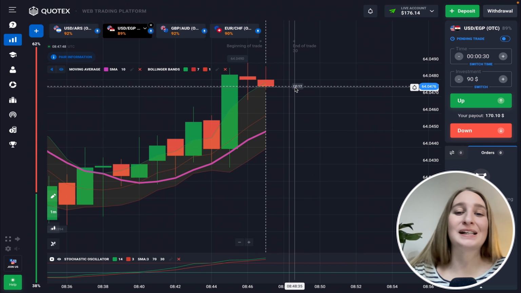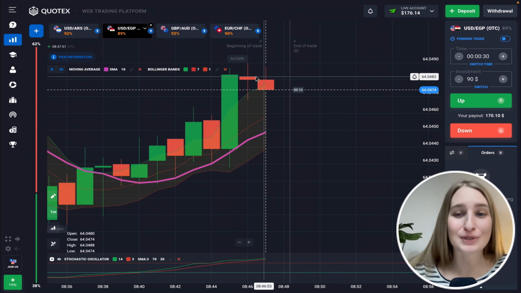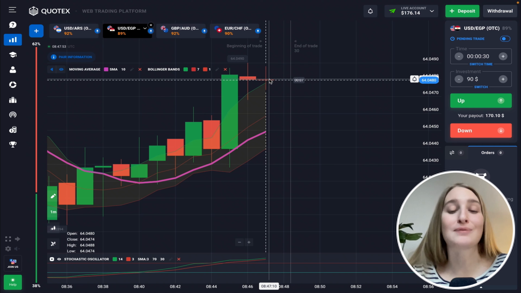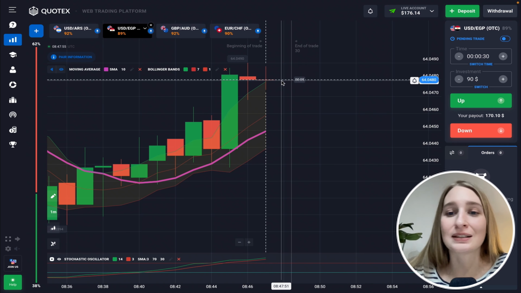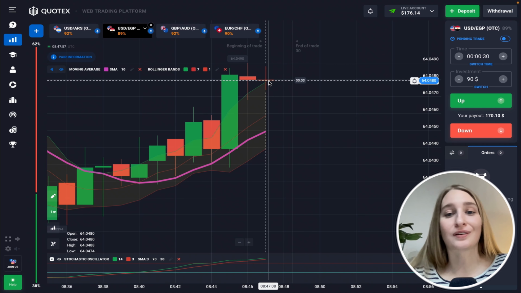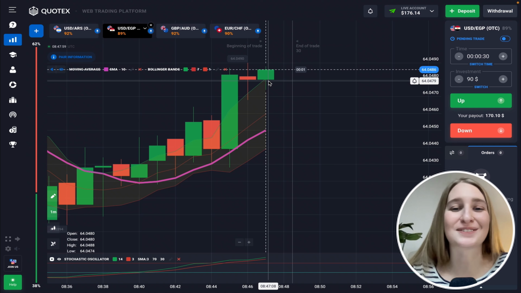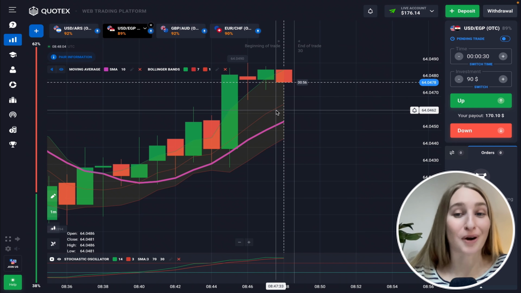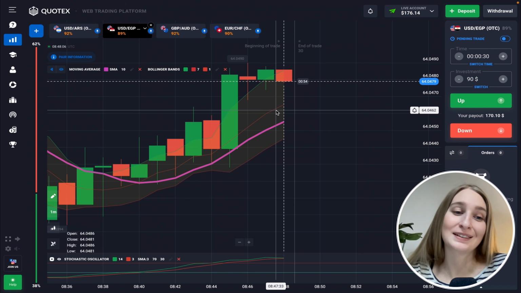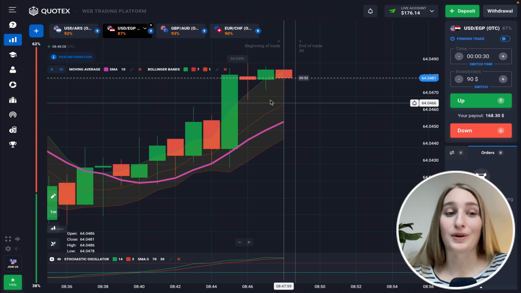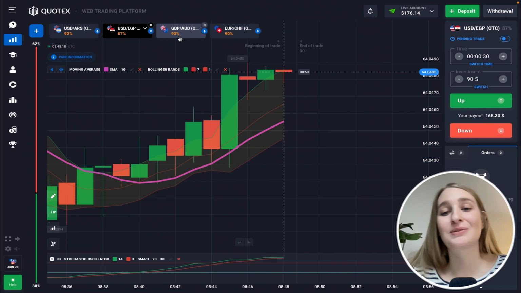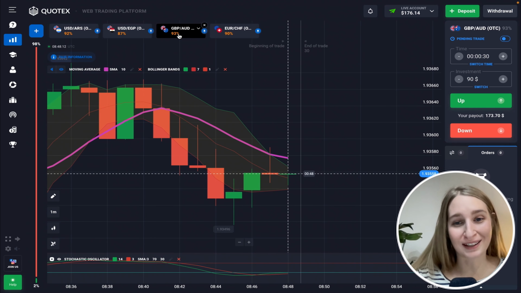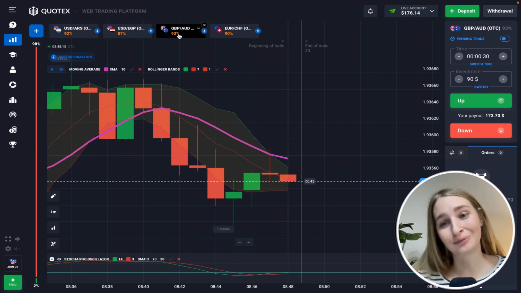Anyway, we have a red candlestick, and I was just in time with my 30 seconds expiration. And the situation is really trembling. It was a pretty risky trade right over here, but I was lucky enough to make my profit. Really cool, by the way. So I think I will leave the situation, give it some time and go to the next currency pair.